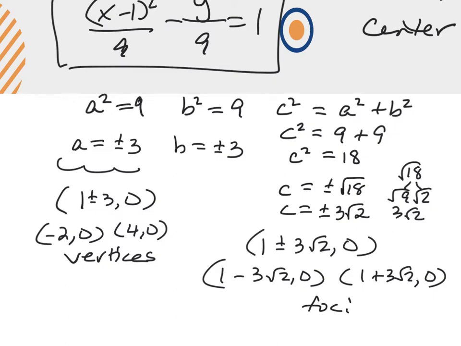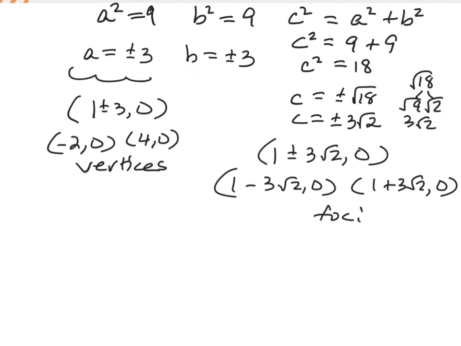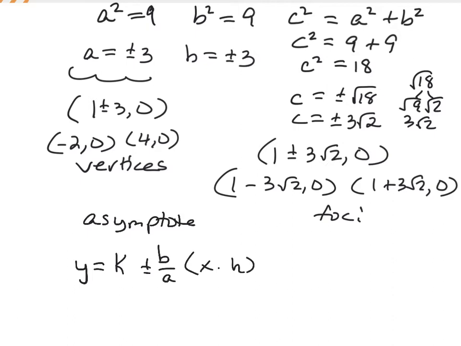For the hyperbola, you also need to find an asymptote. For the asymptote, when you see the x term first, it's going to be b over a. So k, y, x minus h. Really, the only thing we're worried about is the b over a.